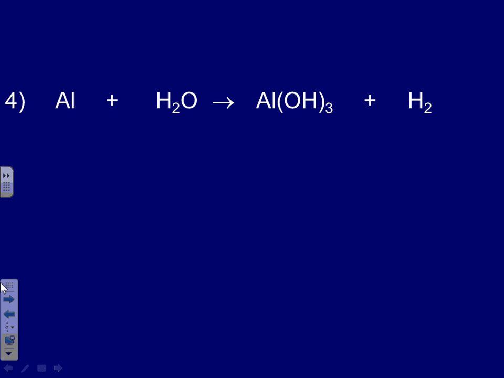We have to take into account it's a polyatomic ion, and it does have something to do with the brackets, but there's another reason. What do you think is going to be really hard to balance here? Which element's going to be really hard to balance? Hydrogen? Why might hydrogen be really hard to balance?